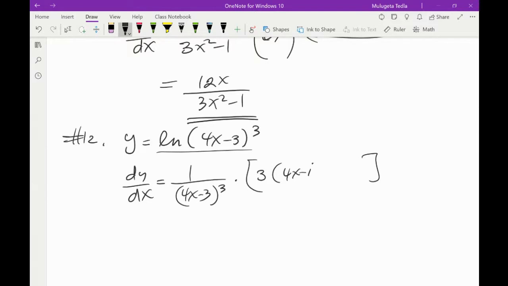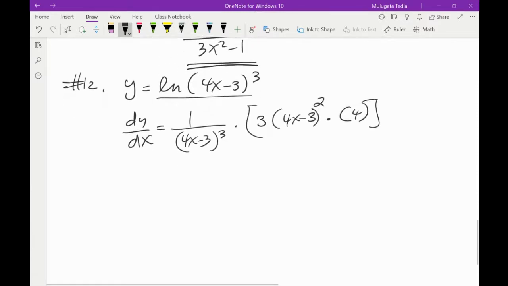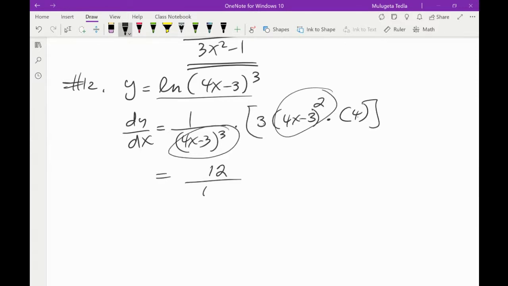Write the base. Subtract the exponent by 1 times the derivative of the inside. Okay, that's complete now. So therefore, 4 times 3 is 12. This to the power of 2, this to the power of 3 will be just 4x minus 3. The top one has 2, the bottom one has 3 powers, then one power is left on the bottom. So that is the answer.